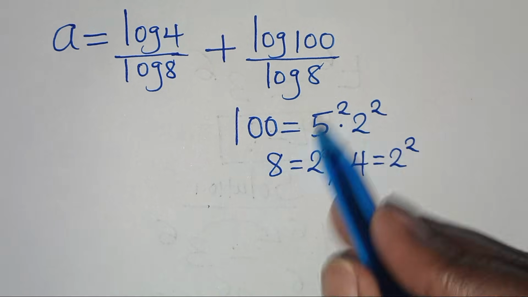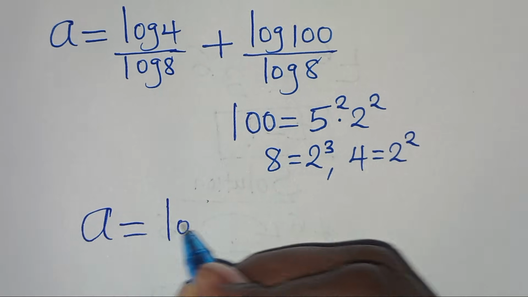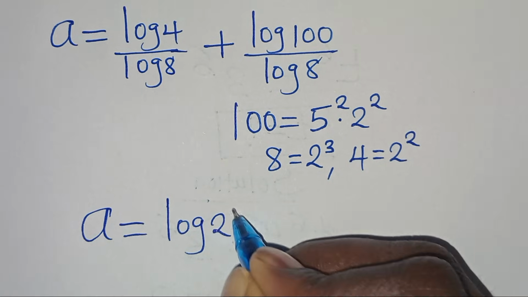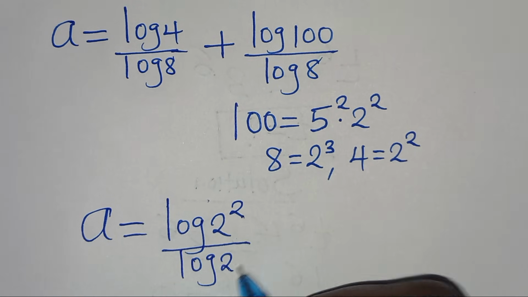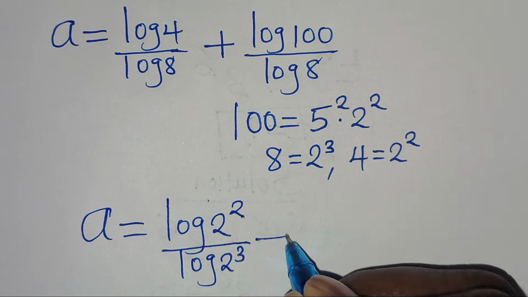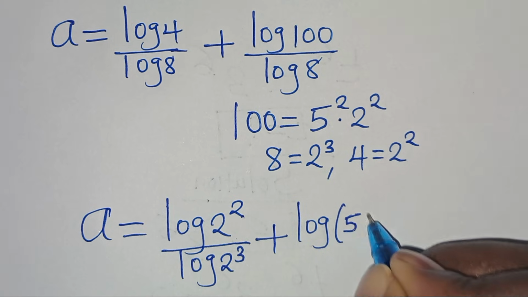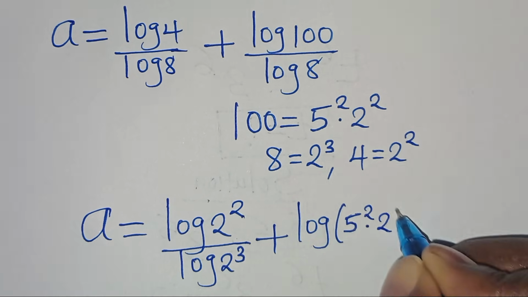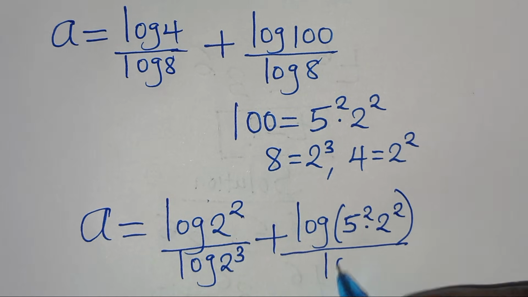Now, let's substitute this so that a is equal to log 2 to the power of 2 divided by log 2 to the power of 3, then plus log of 5 to the power of 2 times 2 to the power of 2, close the parentheses, divided by log 2 to the power of 3.